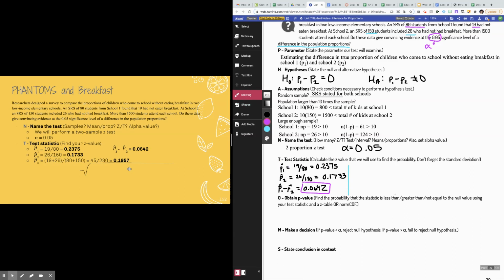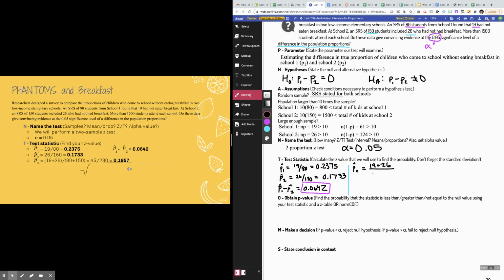Okay, then next, we have to calculate our pooled proportion. I'm going to add the number of successes in each school, which was 19 plus 26. We have to combine our samples into one pooled proportion so that we can calculate our standard deviation.